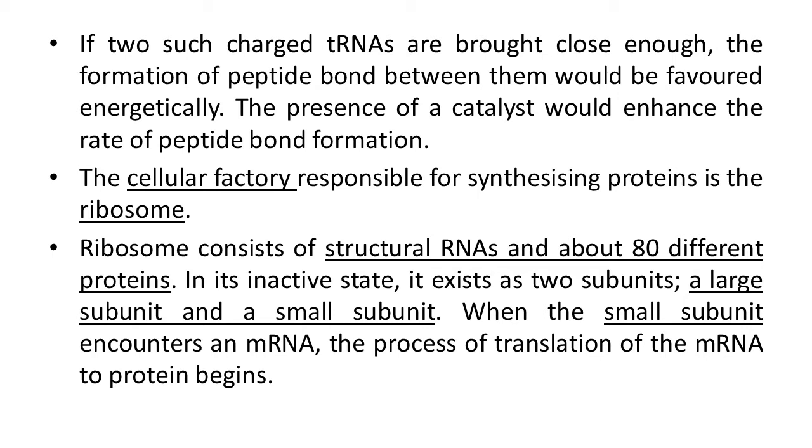When the small subunit encounters an mRNA, the process of translation of the mRNA to protein begins. So when the small subunit of the ribosome encounters an mRNA, the translation process begins.